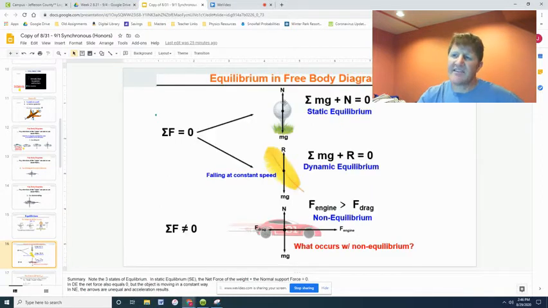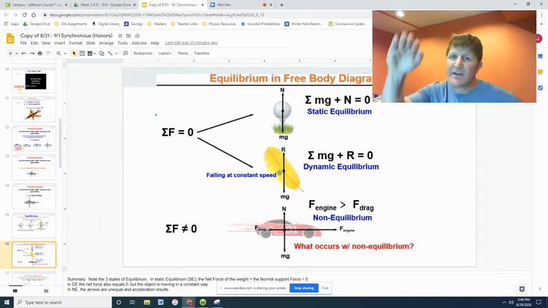So again, this is a situation where you see the difference between static equilibrium and dynamic equilibrium. In this case, static equilibrium, it's not moving. The golf ball is sitting on the tee, and the normal force provided by the tee is equal to the weight of the golf ball going down, mg, and it is just sitting there. In this situation, say you drop a feather and you see the feather fall, it doesn't accelerate down for the most part.